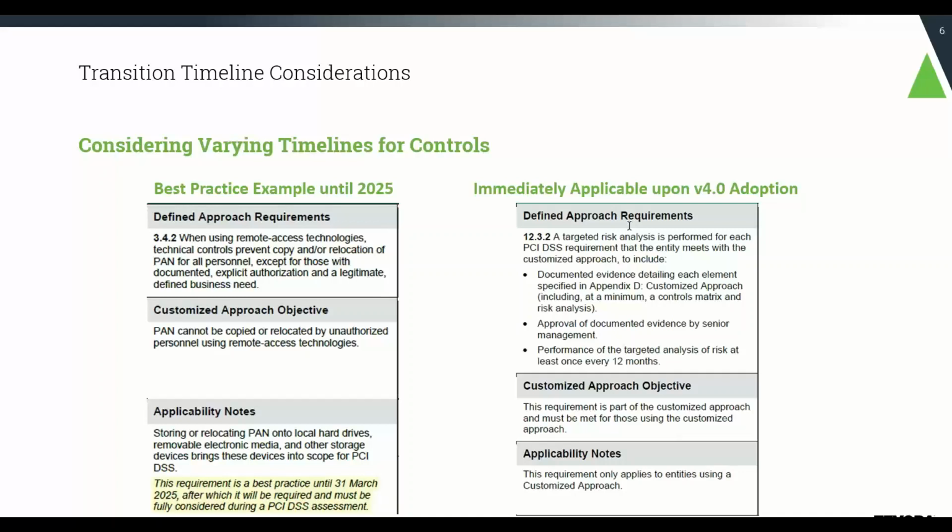For those of you considering early adoption of 4.0 before that Q1 2025 date, there are some requirements that are immediately effective upon using 4.0, this being one of them, where you can see the most important thing to see in this is the lack of that italicized language saying this is best practice. Later in the presentation, we'll go through these requirements in detail just to make sure that anyone who's planning to adopt it early will be prepared to do so.